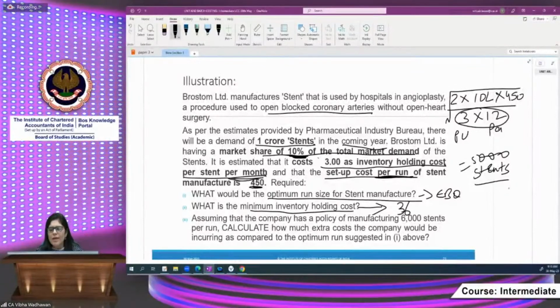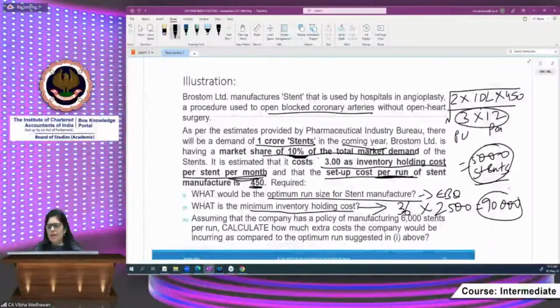So carrying cost per unit per annum is 36 into half of EBQ. EBQ is 5,000, the optimum run is 5,000, so half is 2,500. So 2,500 into 36 is 90,000. 90,000 is the minimum inventory holding cost.